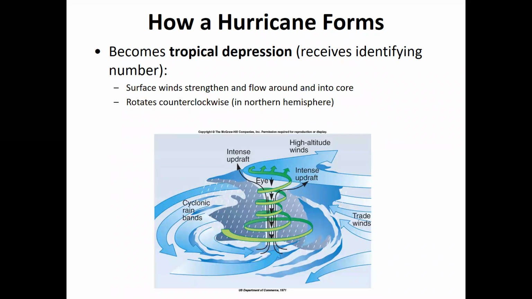And that low pressure, remember, is created by warm, moist air rising. As it rises, it takes the water vapor up with it, and then it adiabatically cools. Now, water vapor condenses out, adding heat to the upper atmosphere, decreasing its density.